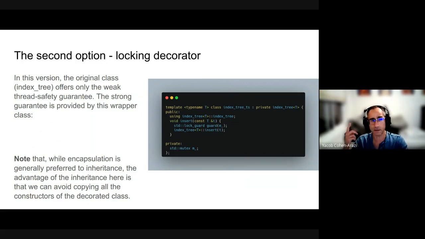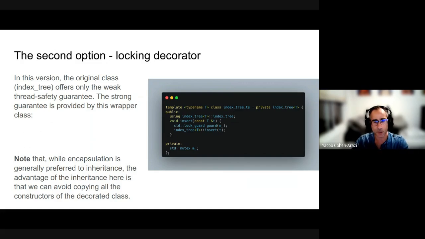There is another option that is mentioned, which is a locking decorator. So you have a weak thread safety guarantee, and the strong one is provided by a wrapper. This is where the decorator kicks in.